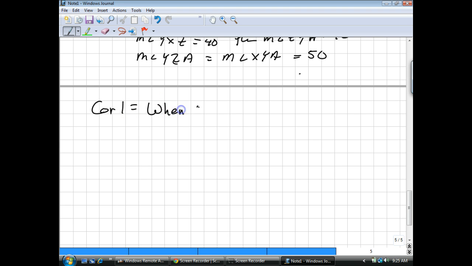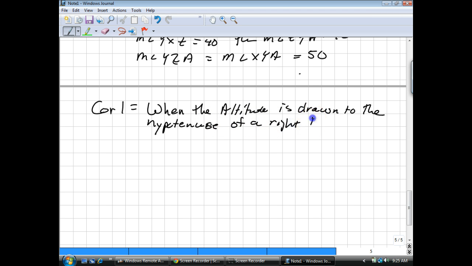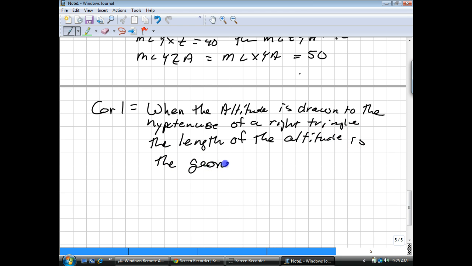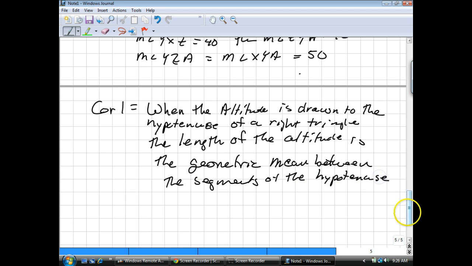So corollary 1 says when the altitude is drawn to the hypotenuse of a right triangle, the length of the altitude is the geometric mean between the segments of the hypotenuse. Okay, so here's what it's saying.